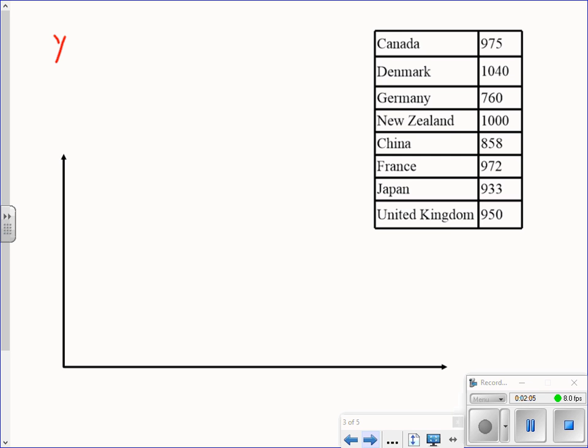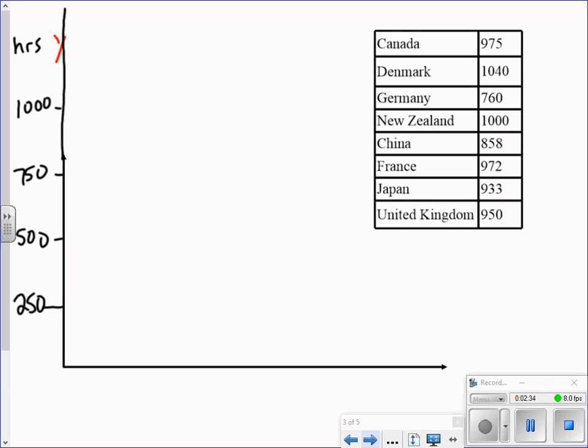So I'm going to go up maybe in 250 increments. I'm going to start at 250 right here, 500, 750, and 1,000.